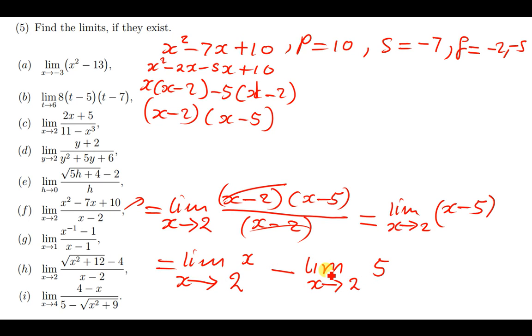This part here is found by replacing x with 2. So we're going to put 2 where there's x. And then this one, remember what I said, the limit of any constant when x is approaching any number, the answer is that same constant. So this is just the same as saying 2 minus 5, which gives us negative 3 as the answer.